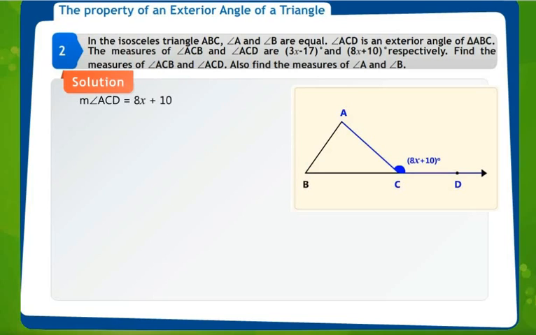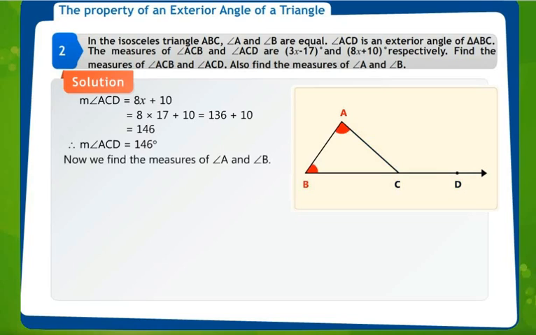Instead of x we will write 17. 8 into 17 plus 10 is equal to 136 plus 10, which is equal to 146. So measure of angle ACD is equal to 146 degrees.